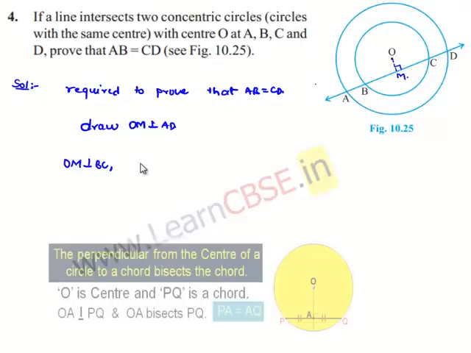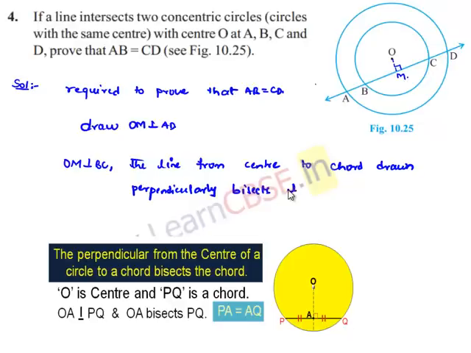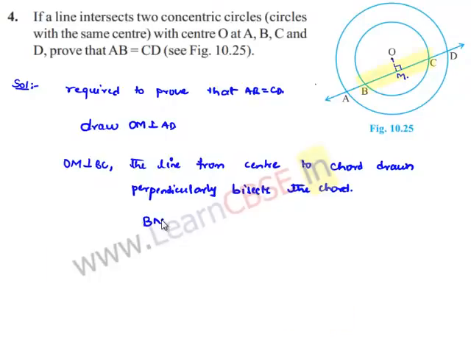Then we know that the line from the center to the chord drawn perpendicularly bisects the chord. Therefore, here we can say that BM is equal to MC. Let it be equation number 1.